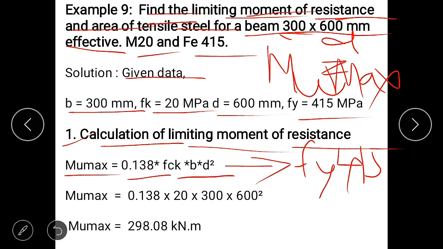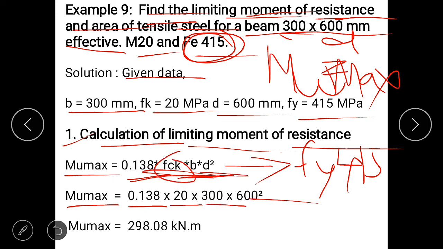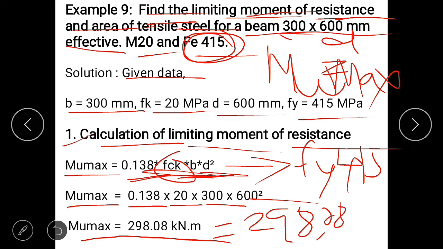This formula is for steel grade Fe415. So Mu max, the formula is 0.138, fck is 20, b is 300 and d is 600. So Mu max is 298.08 kilonewton meter, or 298.08 into 10 to the power 6 Newton mm.